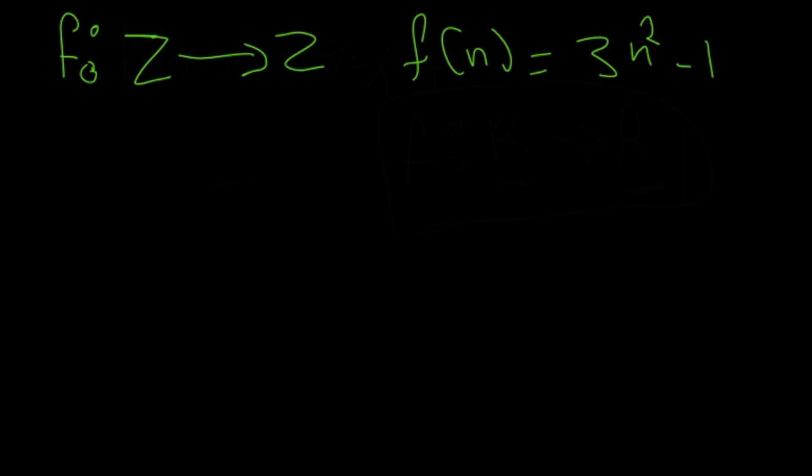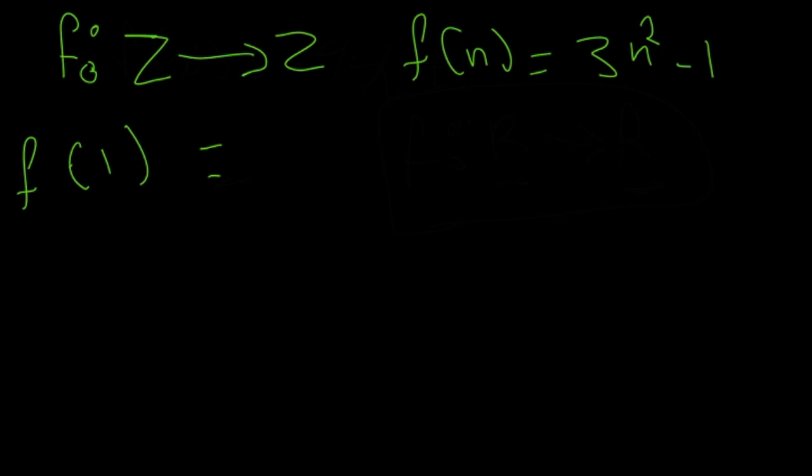So this is 3 multiplied by n to the power 2 minus 1. Now let us take a few numbers. Take f of 1. How much is f of 1, guys? It is 3 multiplied by 1 to the power 2, which is 3, minus 1 is 2.